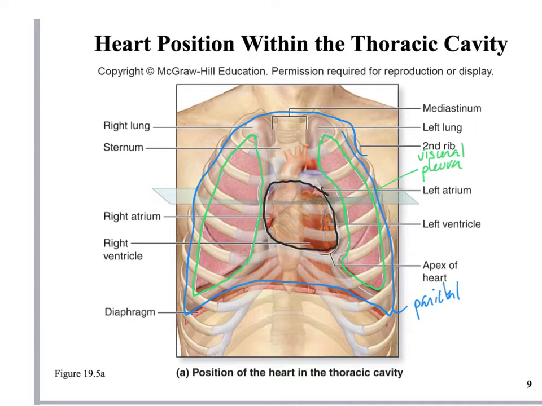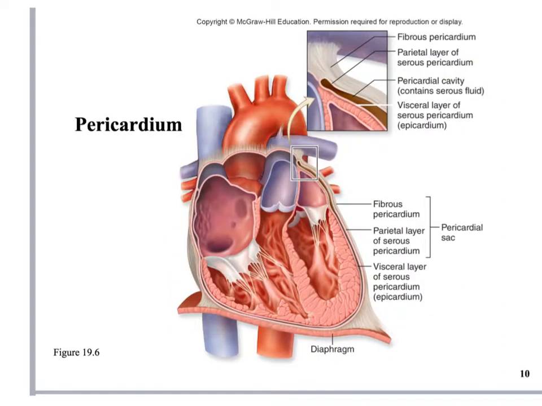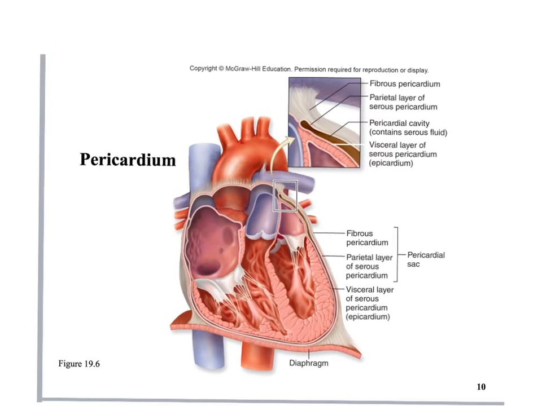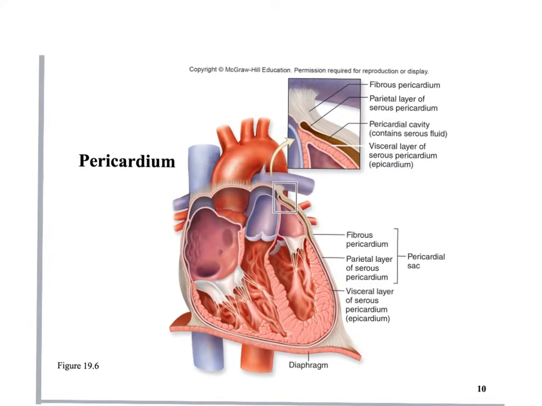So you have this pericardium, and it encircles the whole heart. Part of it is fibrous. You end up with the fibrous pericardium, which gives it a finite size. Okay? It has a finite volume.